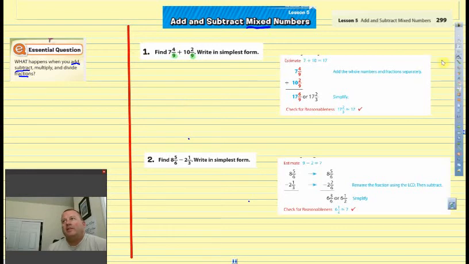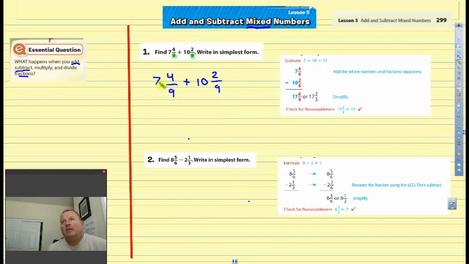So I'm going to set this up as 7 4/9, going from left to right, plus 10 2/9. And what I'm going to do is separate everything out right now, because I can.